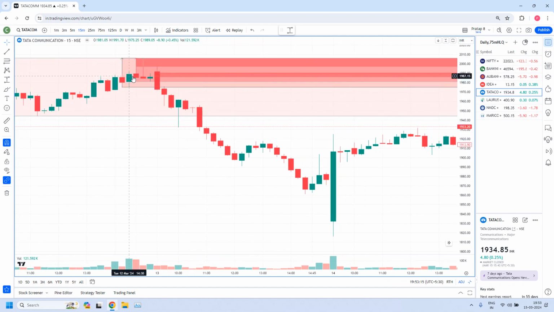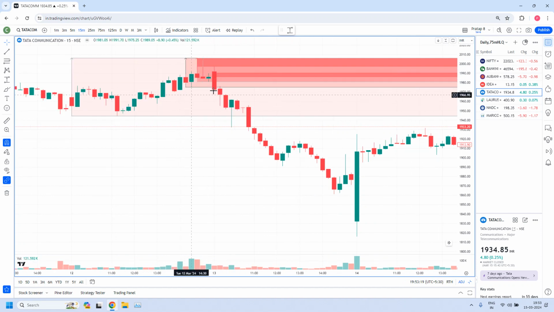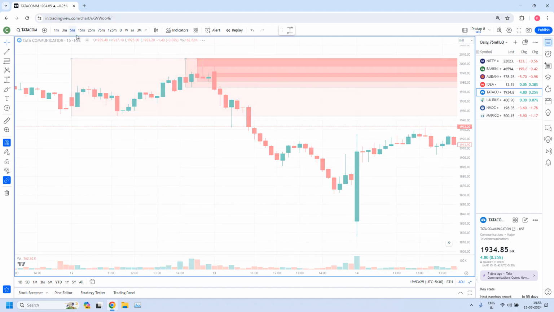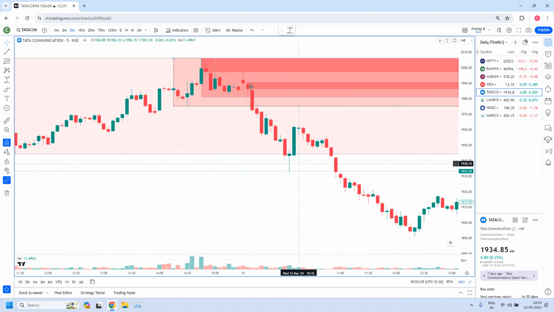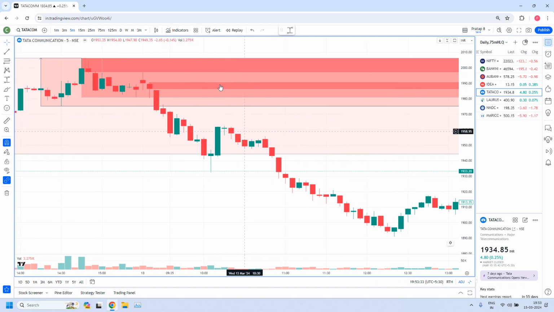We have rally, 1, 2, 3, 4, 5 base candles and a drop candle. So within this 15-minute zone, we identified 5-minute zones, two 5-minute zones. We have a rally-base-drop, and this one I considered as an ERC candle.